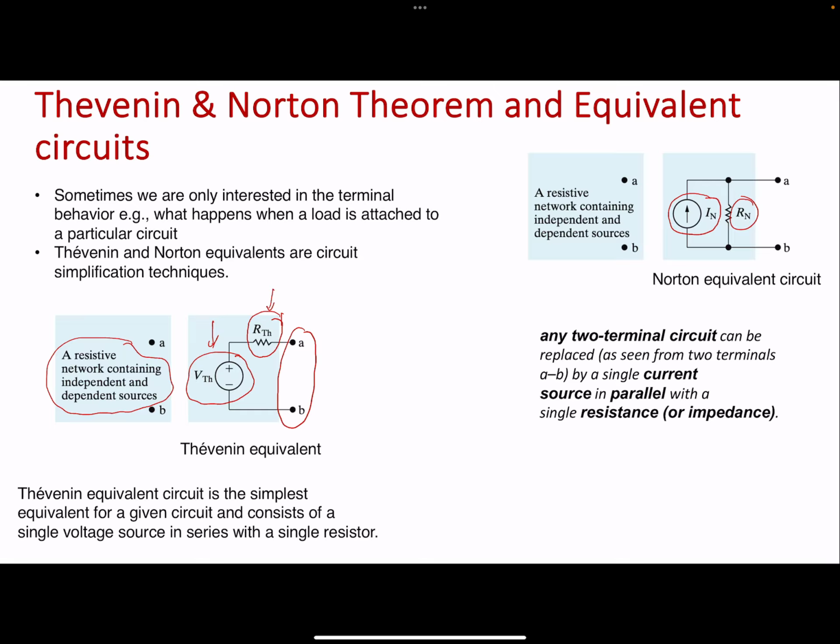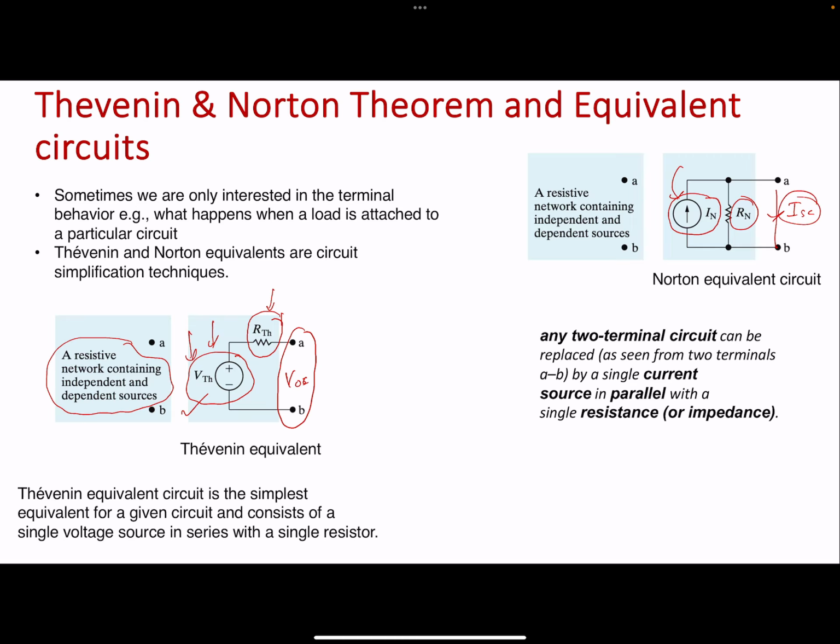In order to find the V Thevenin, essentially you remove the load, consider only A and B as output terminals, and find the open circuit voltage, which equals the Thevenin voltage. Similarly for IN, you again don't put a load there, just short circuit A and B and find the value of the current flowing through the short circuit. So it is I short circuit or V open circuit.